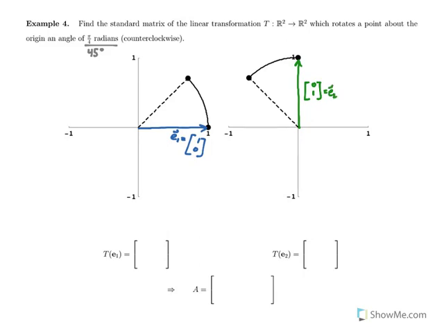What happens when I rotate those pi over 4 radians, or 45 degrees, counterclockwise? Well, we get a new vector out, a new point associated with that vector in both cases.